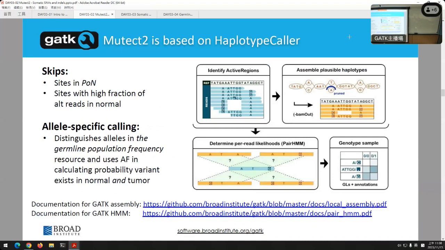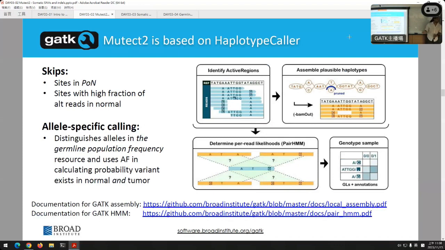I mentioned MuTect2 is based fundamentally on the HaplotypeCaller. It's doing something very similar. It does assembly around the area of all the different reads, and it goes into calling. But there are things we do differently here. First of all, it's going to run on the somatic cells, and it's also going to run on the paired normal sample you put in. One thing Eric mentioned is that it's hard calling variants on somatic cells.